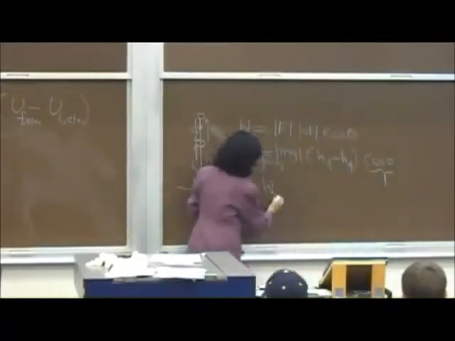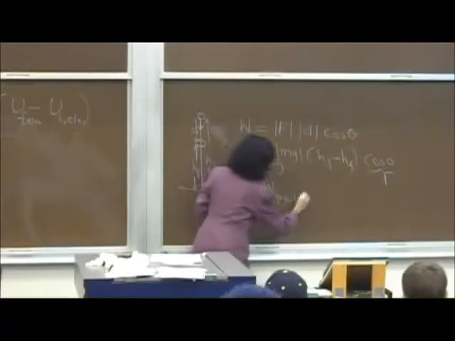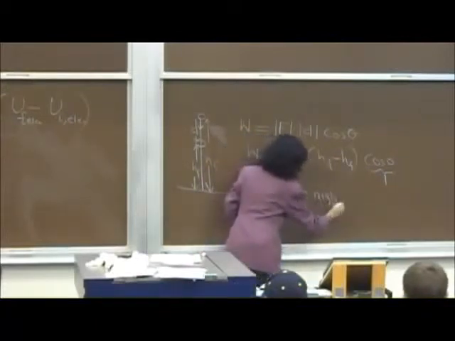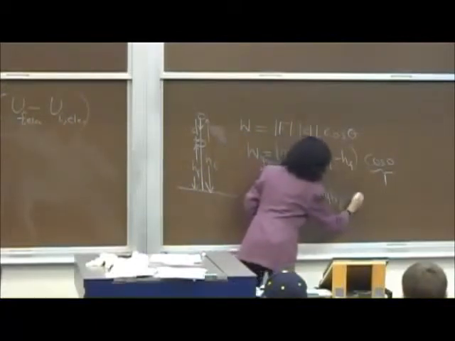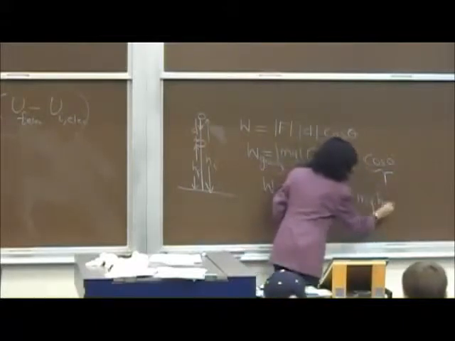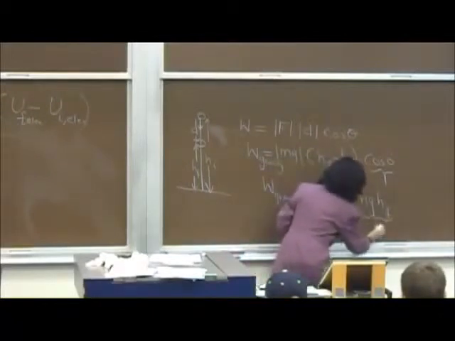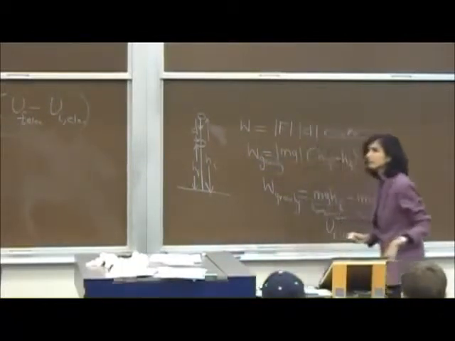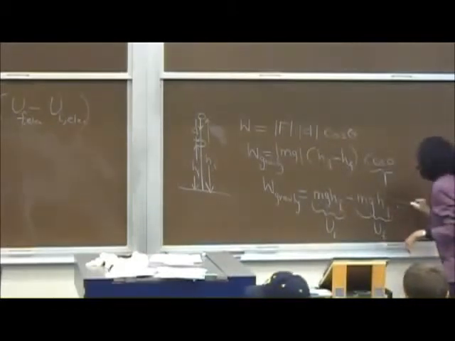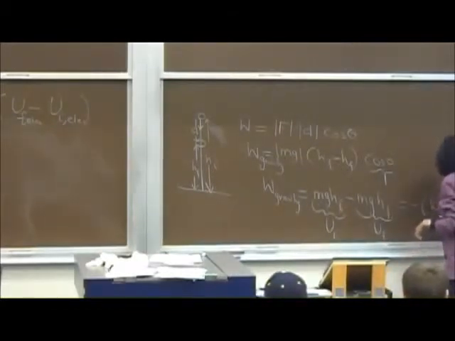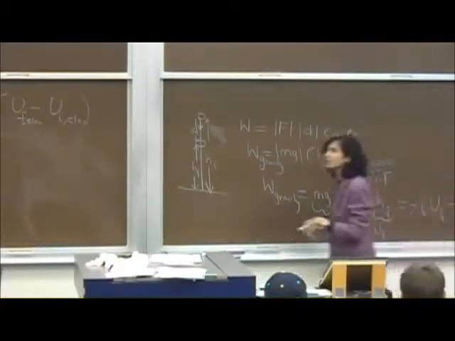And so you can see that work done by gravity turns out to be mgh_i minus mgh_f. And this is what we decide to call U_i, and this is what we decide to call U_f, right? And this can be written as negative of U_f minus U_i, which is equal to negative of delta U. Why is it that we are using a negative sign?